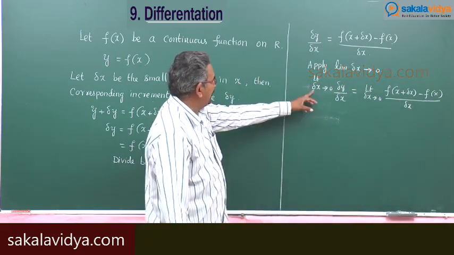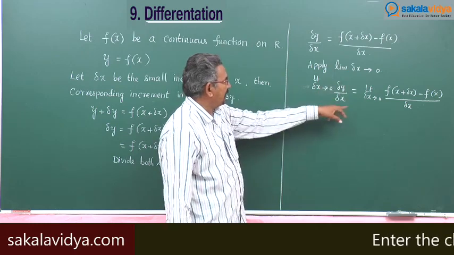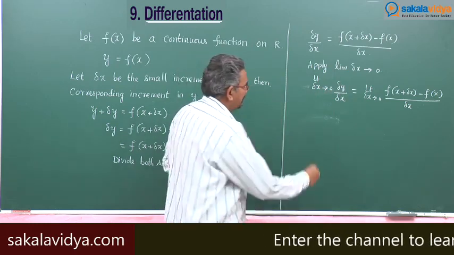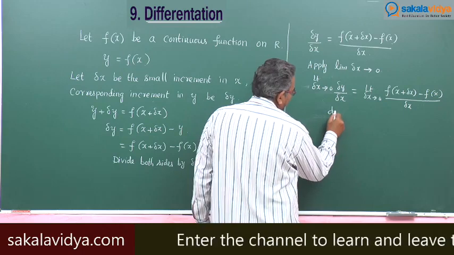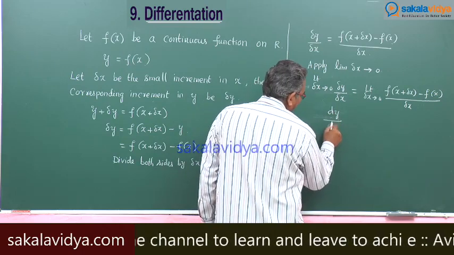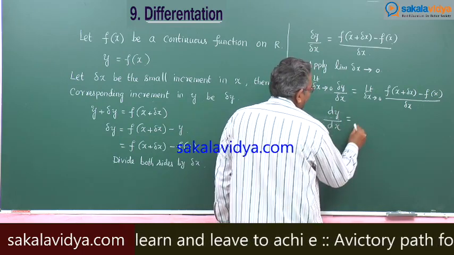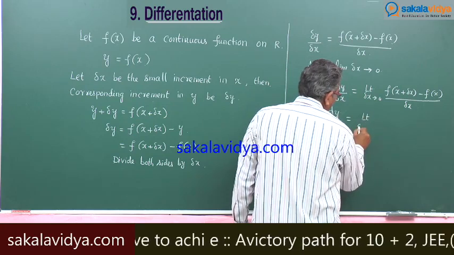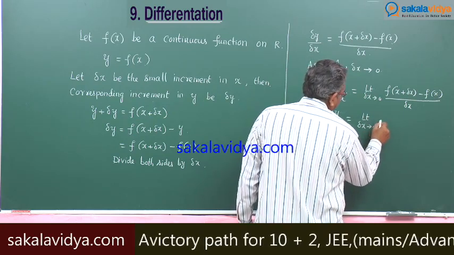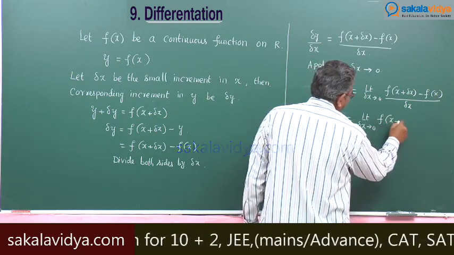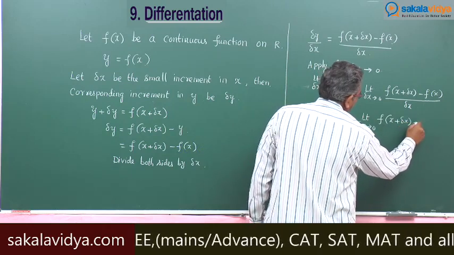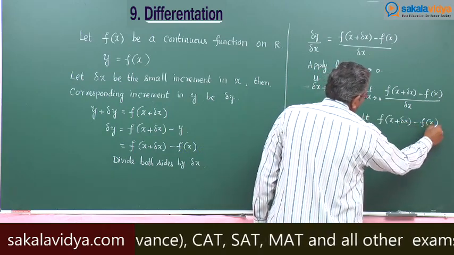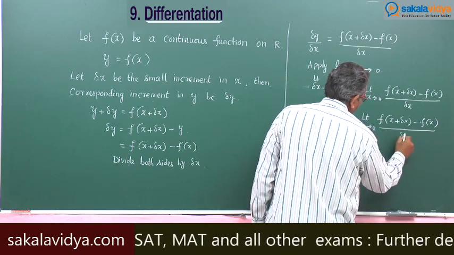Now, as delta x tends to 0, delta y by delta x can be written as dy by dx. So, dy by dx is equal to limit delta x tends to 0 of f of x plus delta x minus f of x, divided by delta x.